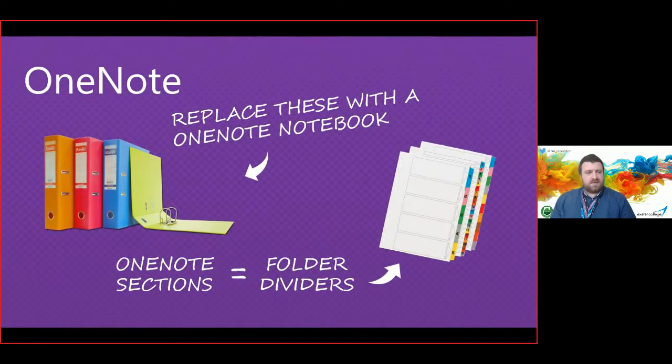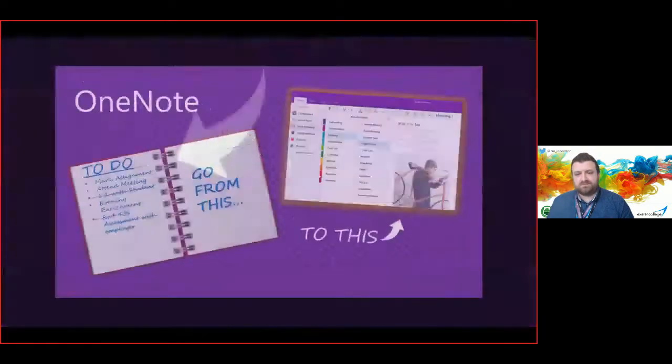So OneNote allows us to take those lever arch files and effectively turn them into our digitized version. The files themselves are actually the notebooks. The individual dividers between them are effectively the same as what we call OneNote sections. So it allows you to split your work down into lots of different subcategories or subsections.